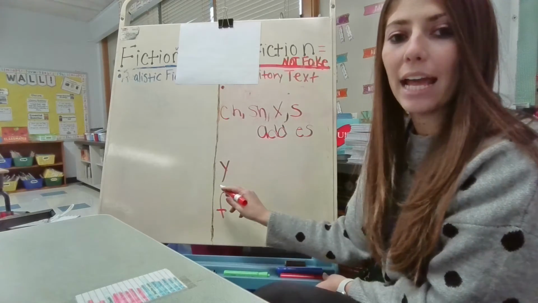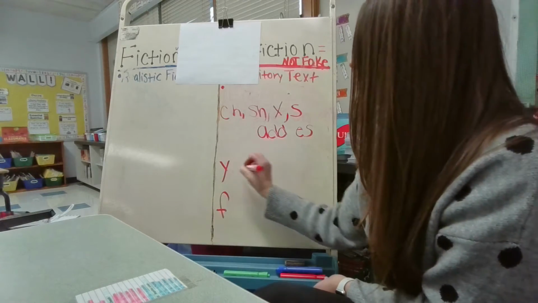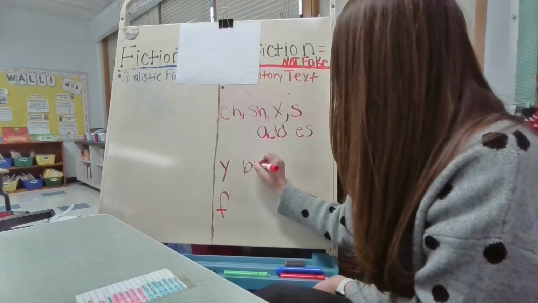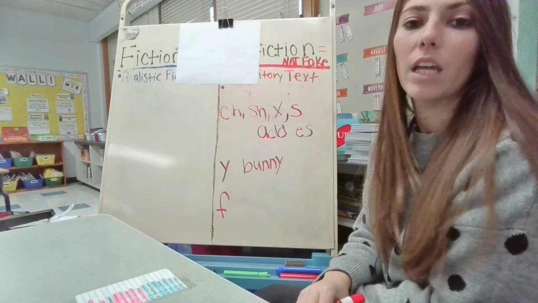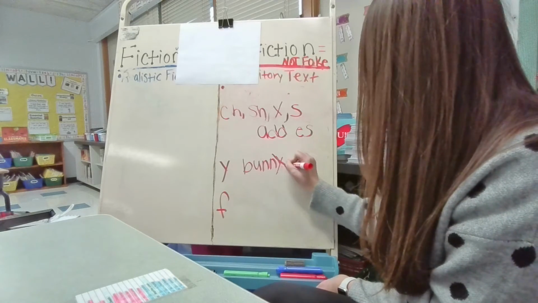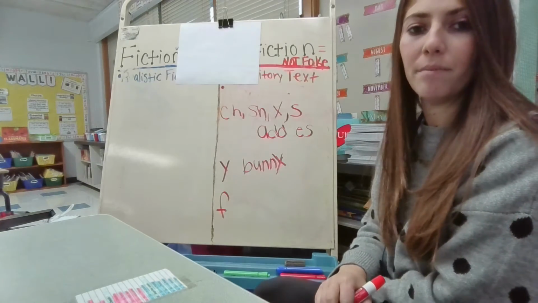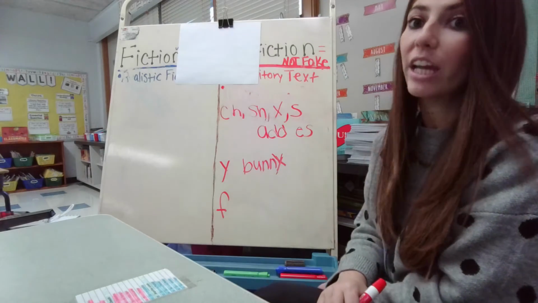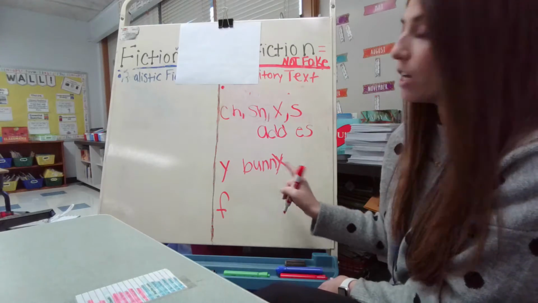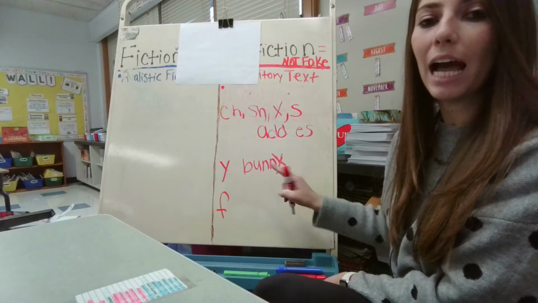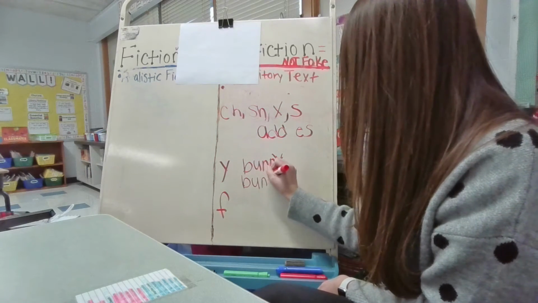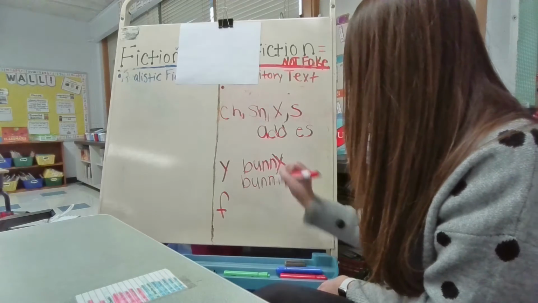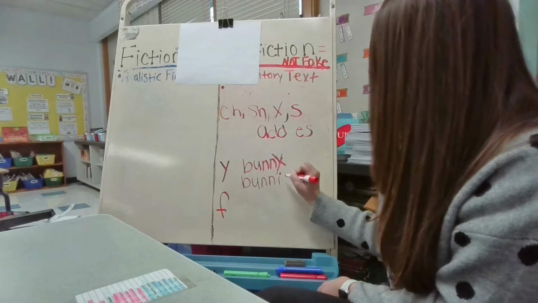When your word ends in Y, like bunny, you get rid of the Y, and we change it to I. Change the Y to an I, so it would look like this. BUNNI, and then you add ES.